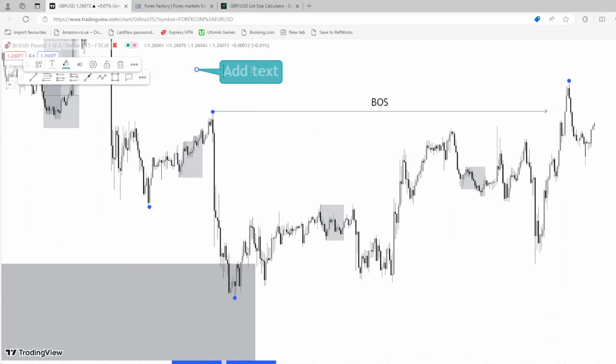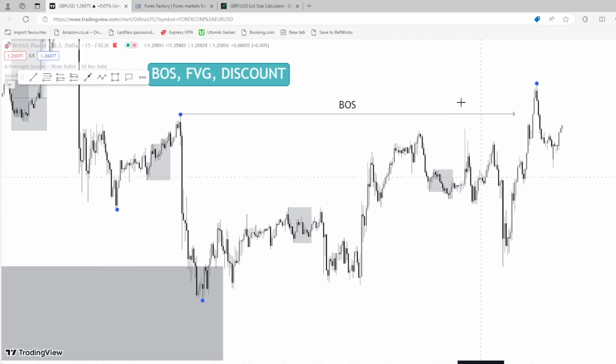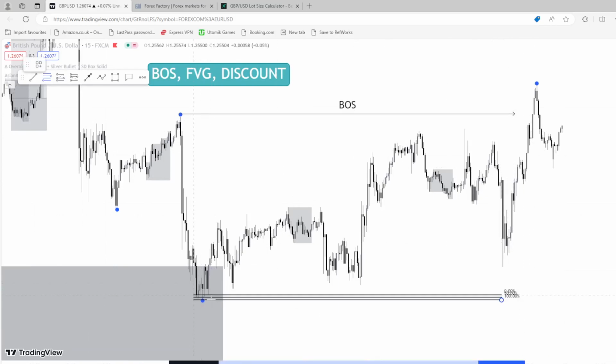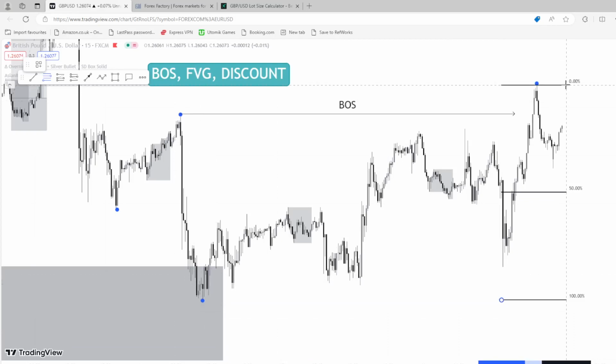So let's get our 3 rules out again. We want to have a break of structure, we want to have a fair value gap, and this time we want to be priced, you guessed it, in the discount, because the discount is where we look for buys below the equilibrium. So that's the first rule that's been ticked, which is a break of structure. Now, we take our Fibonacci tool from the swing low all the way up to the swing high, right?